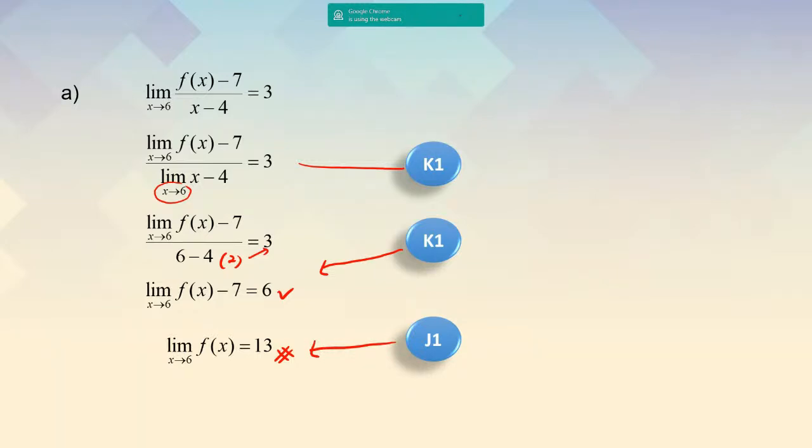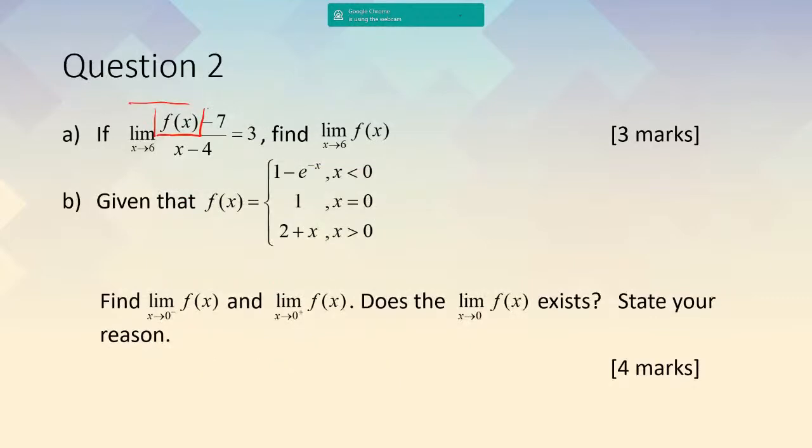Okay, so let's proceed with number 2b. We'll look at the question first. We have this piecewise function. Mostly I will sketch the number line. Sorry, we have 0 only. So this is 0.